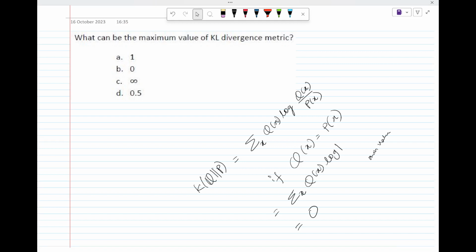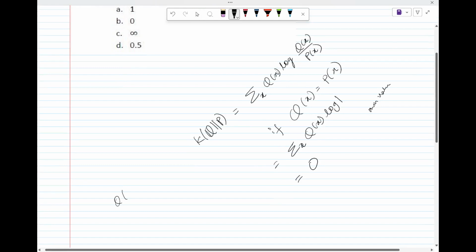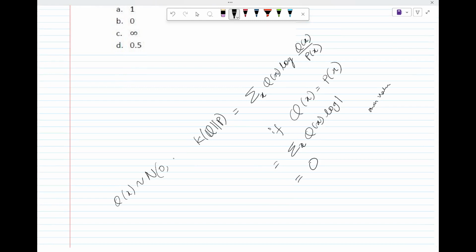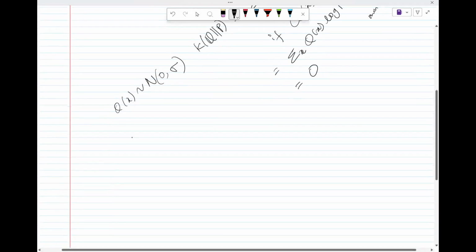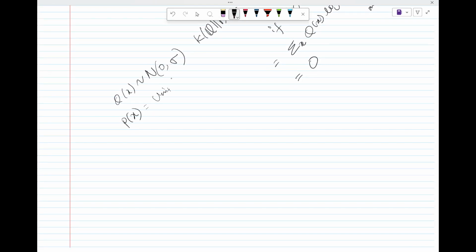P of x is 0 for some x, right? So let's say Q of x is a normal distribution with 0 mean and some sigma, and P of x is uniform from minus 1 to 1.